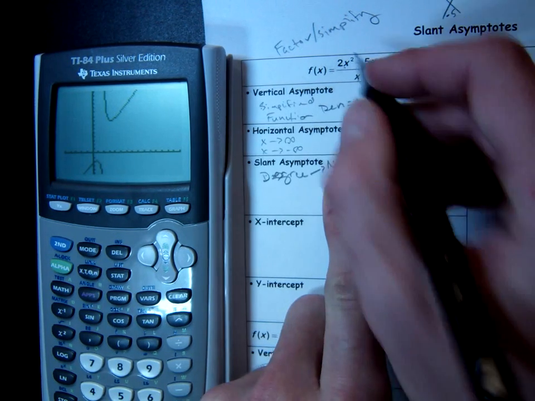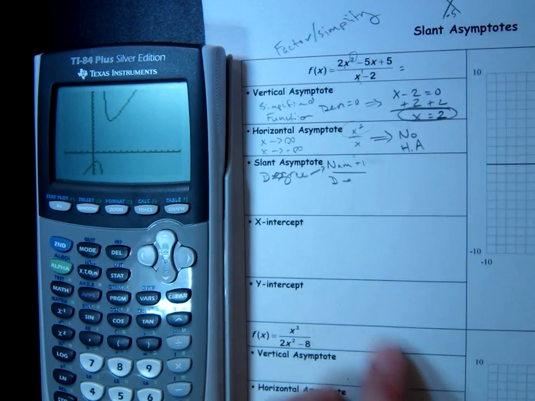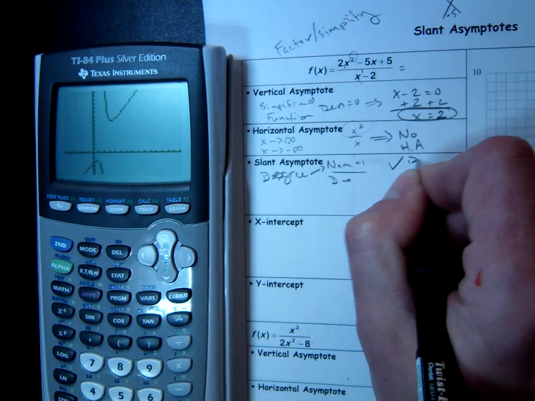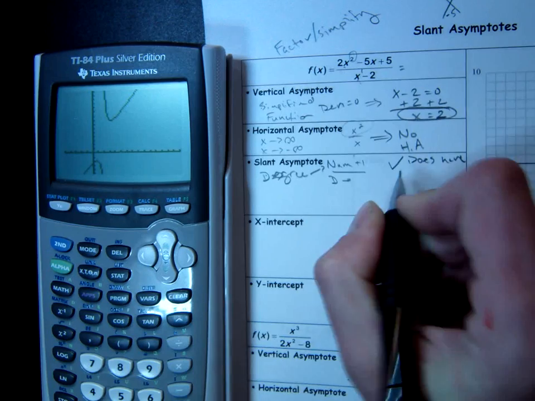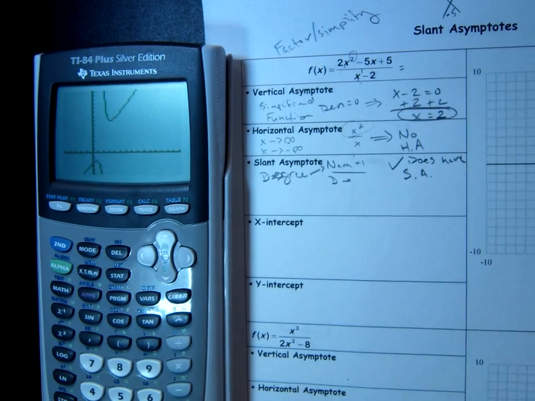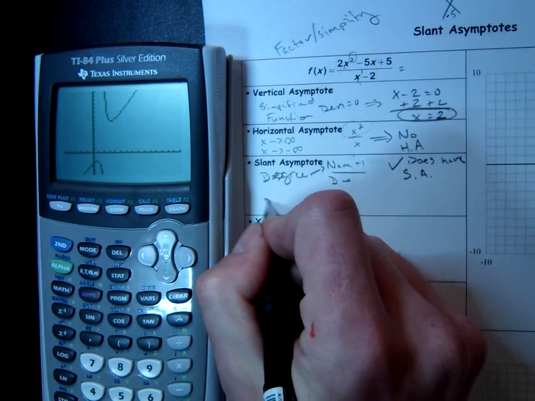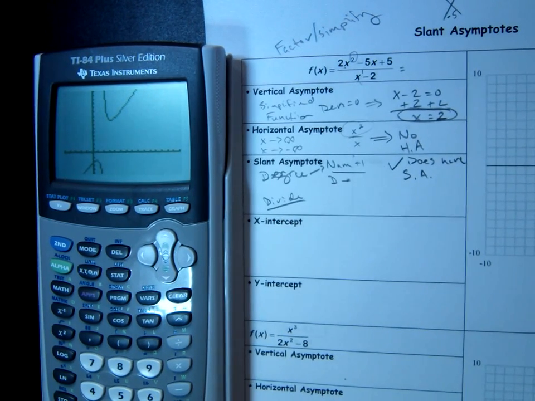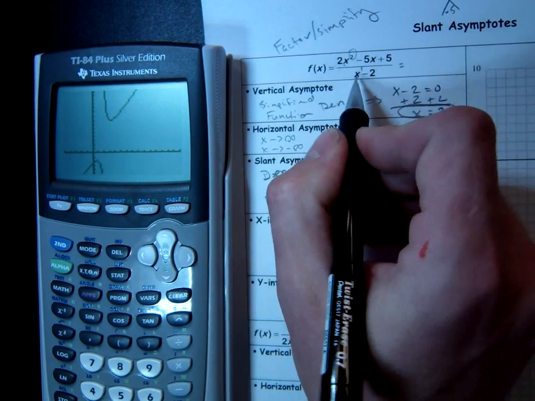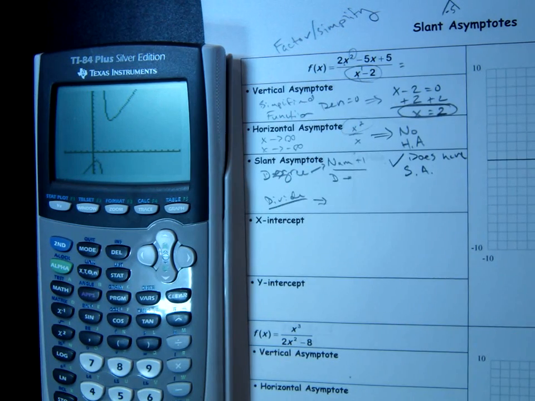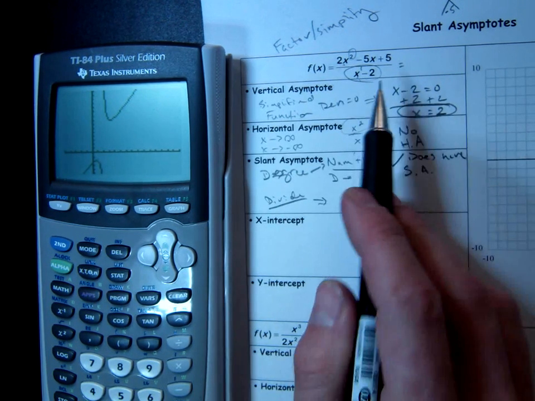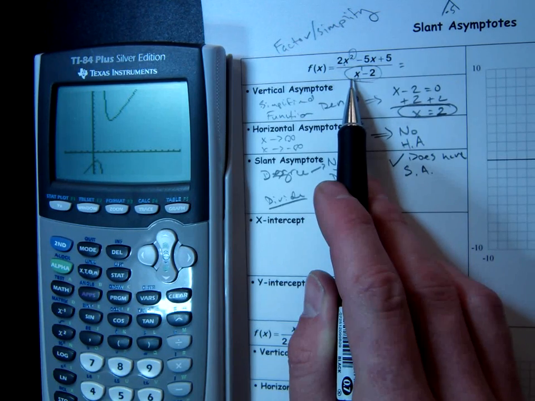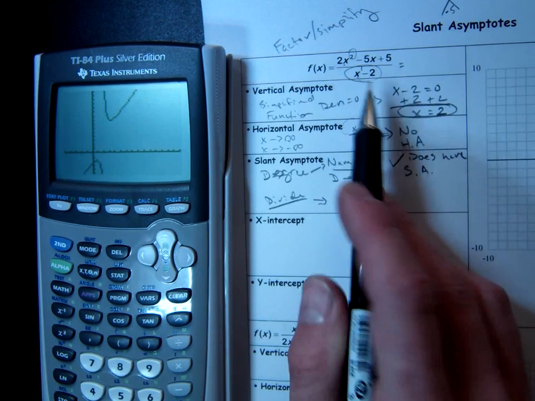I can see here that 2 is definitely one bigger than 1, so this does have a slant asymptote. Now you divide to find that slant asymptote. In this case, we can use synthetic division because this is a linear divisor with a lead coefficient of 1.